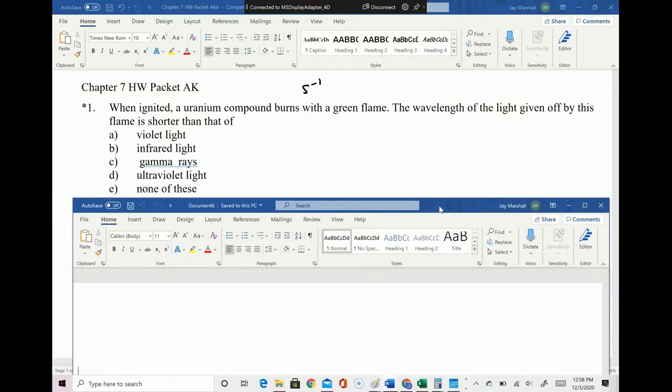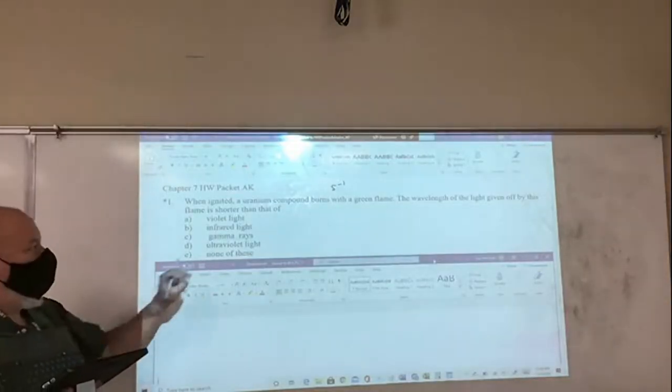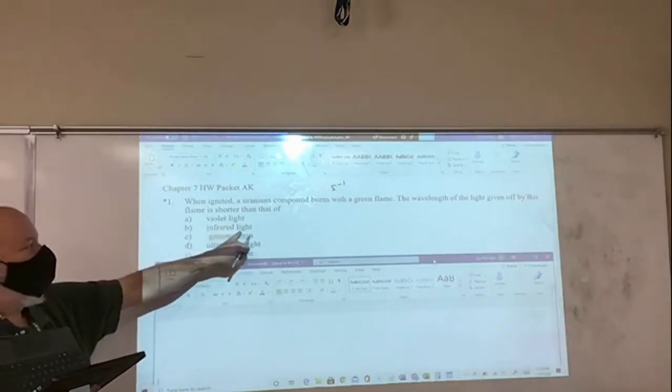It's in between red and violet, right? Okay. And my wavelengths increase going to the left, decrease going to the right. It's going to be infrared. Okay, so it's going to be shorter than that of infrared.